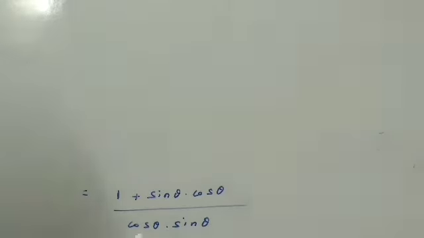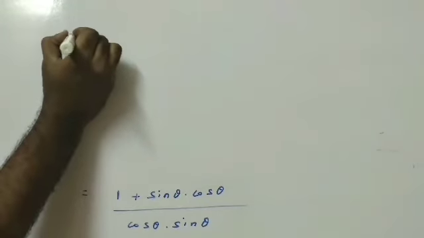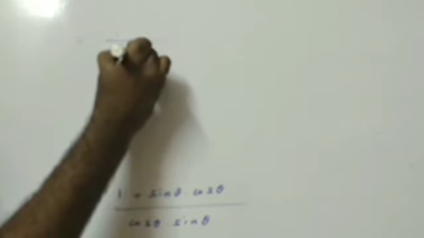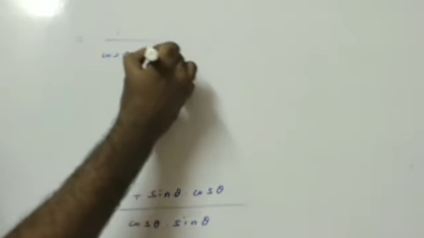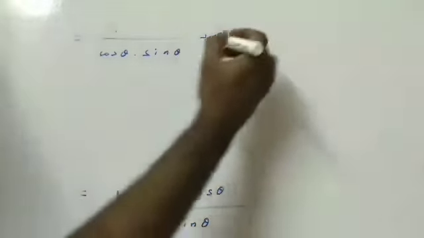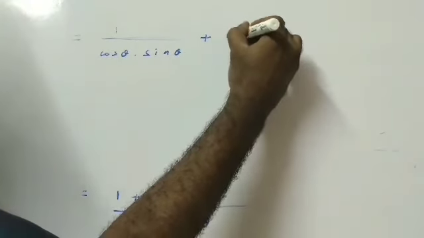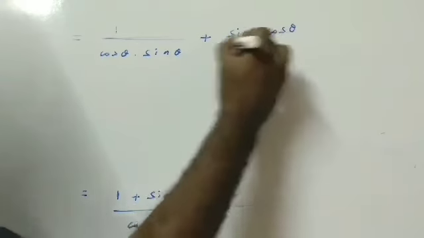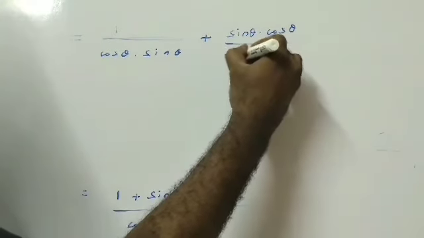Now in the numerator, cos theta into sin theta is common for both the terms 1 and sin theta cos theta. Now write separately 1 by cos theta into sin theta, plus sin theta into cos theta divided by cos theta into sin theta.